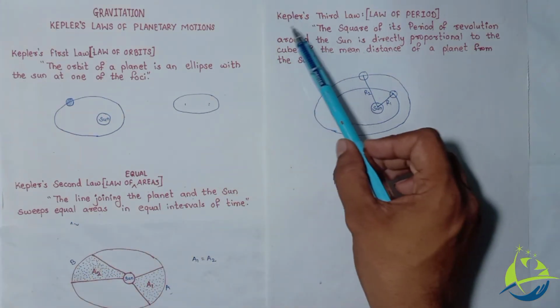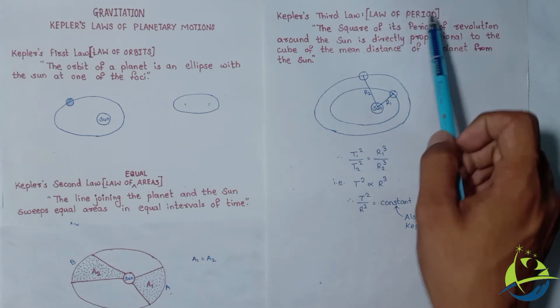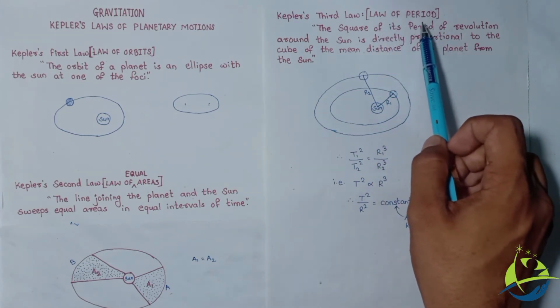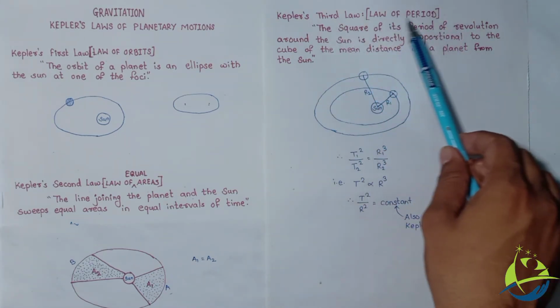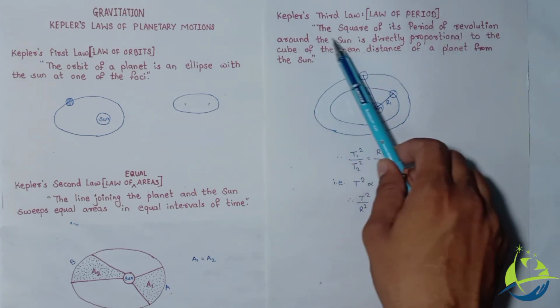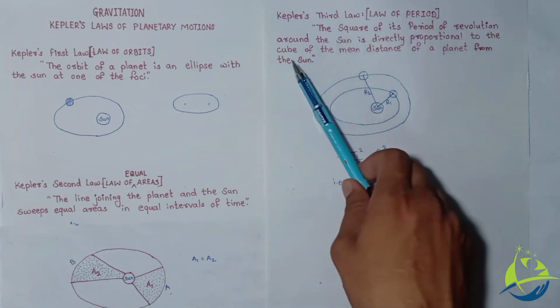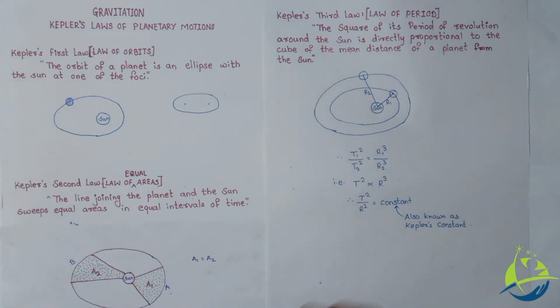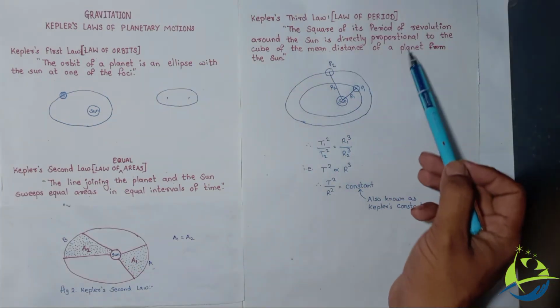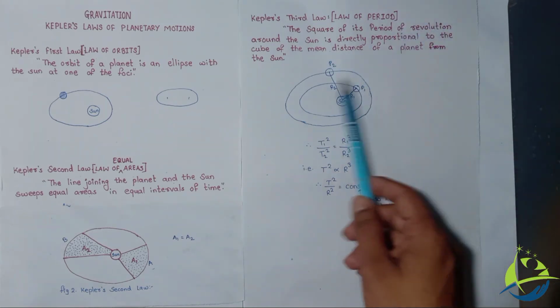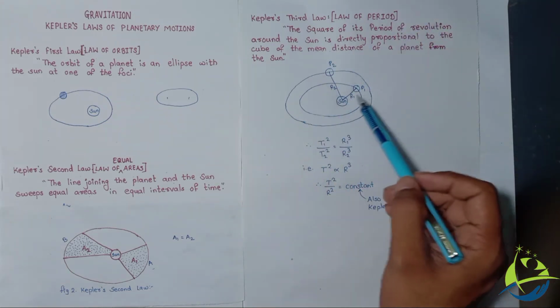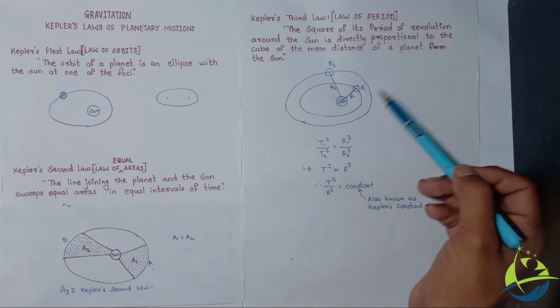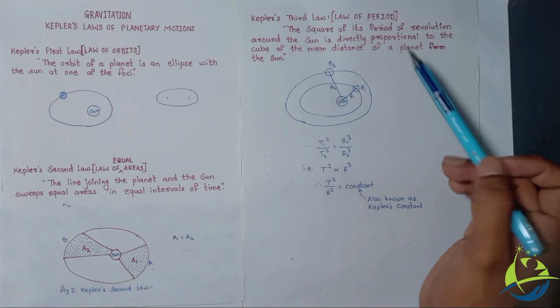Now Kepler's third law, also known as the law of period. The square of its period of revolution around the sun is directly proportional to the cube of the mean distance of a planet from the sun. For understanding this law, let us see the diagram. In this diagram, I have taken two orbits, meaning obviously there will be two planets.